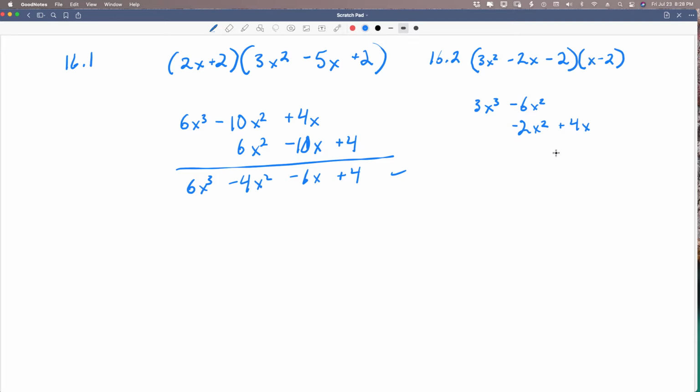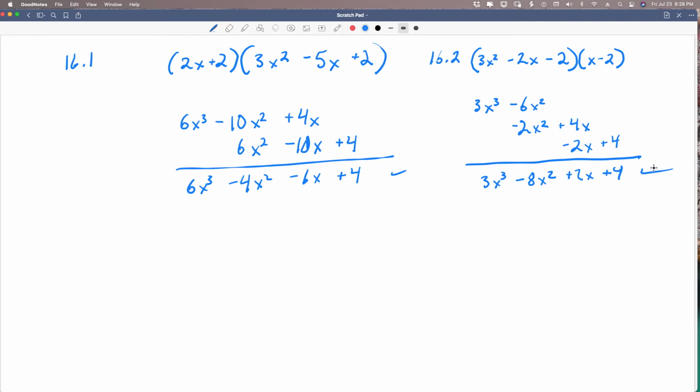Negative 2 times x is a negative 2x. And negative 2 times negative 2 is positive 4. So now we just draw our line, combine like terms. And that's our final answer.